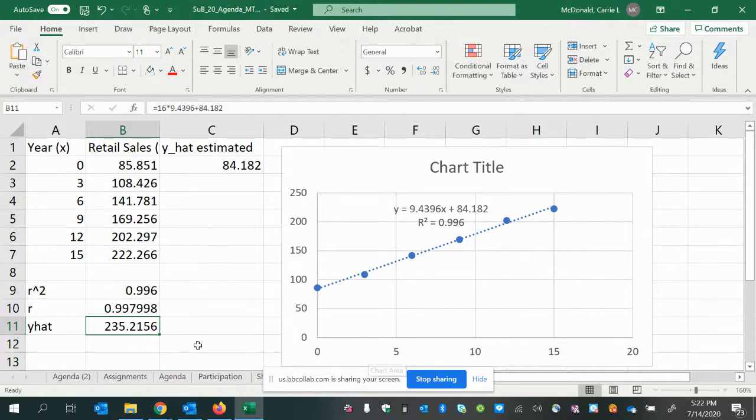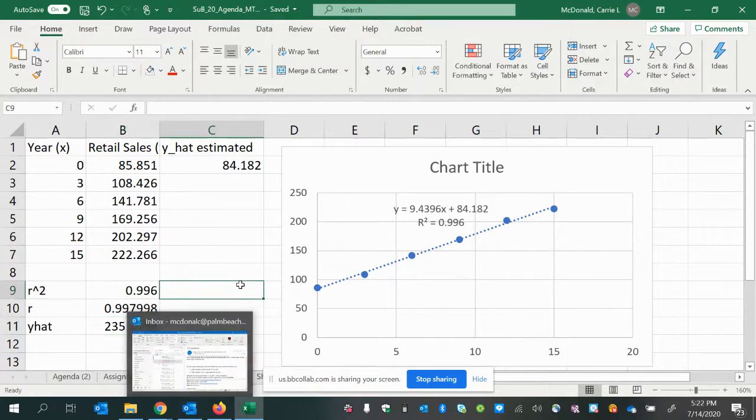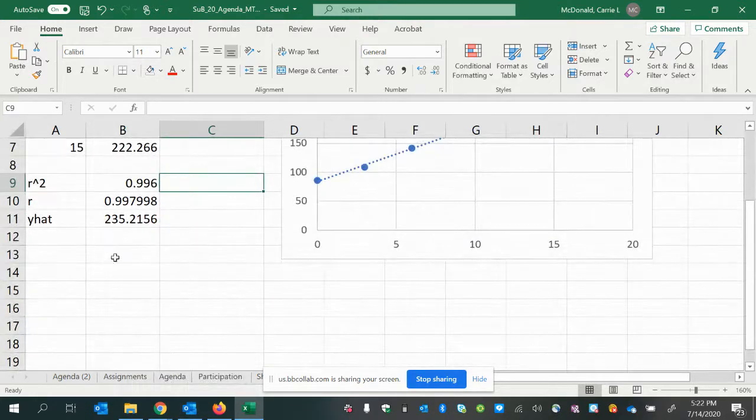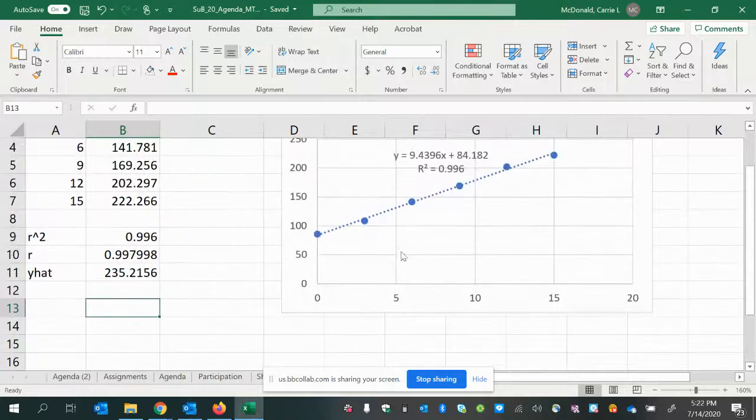Okay. And now to do the estimation the other way around, we might need to be a little creative because it's like you're working in reverse. You're using this equation to actually find x.